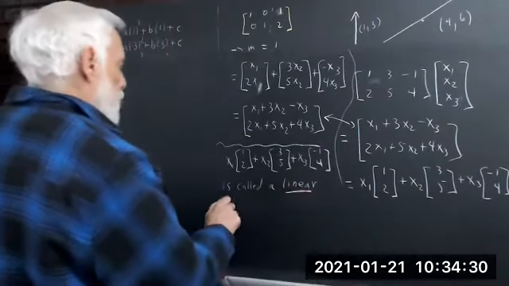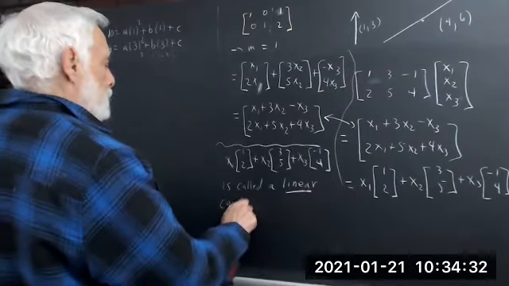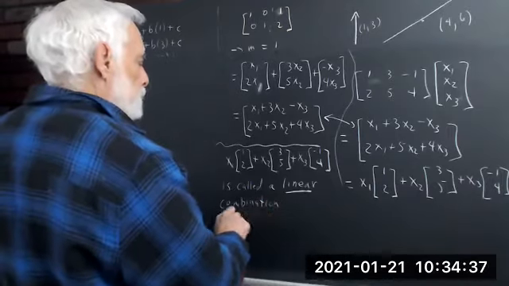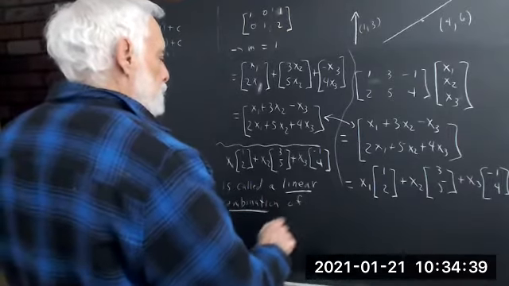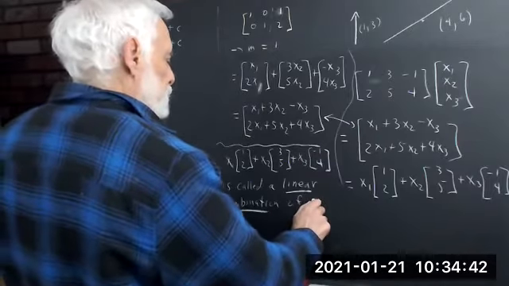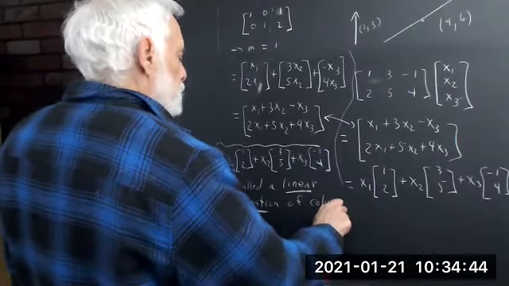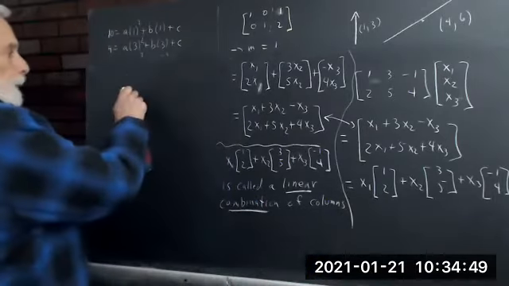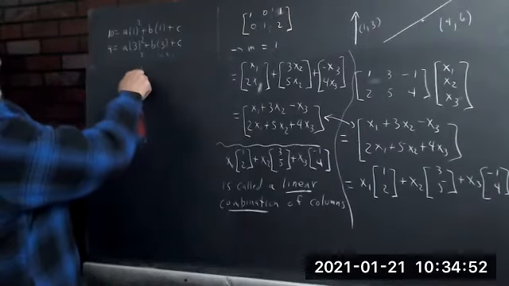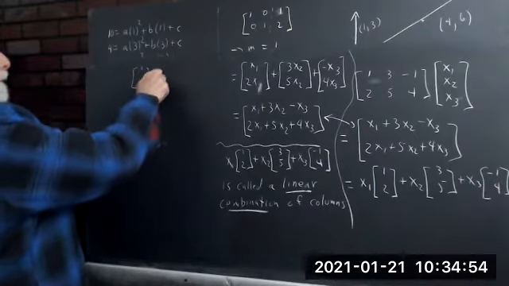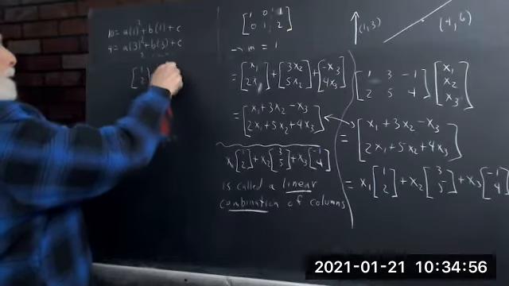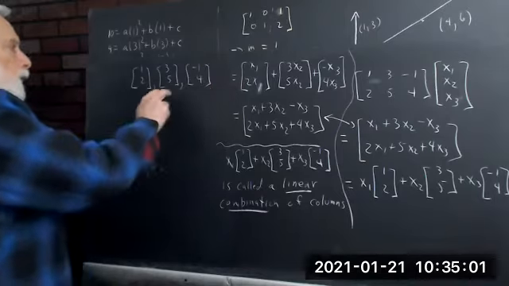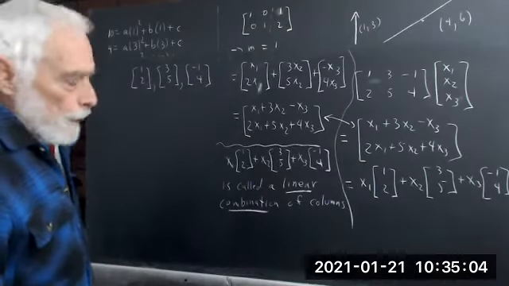This is called a linear combination of the columns. Columns (1, 2), (3, 5), and (negative 1, 4).